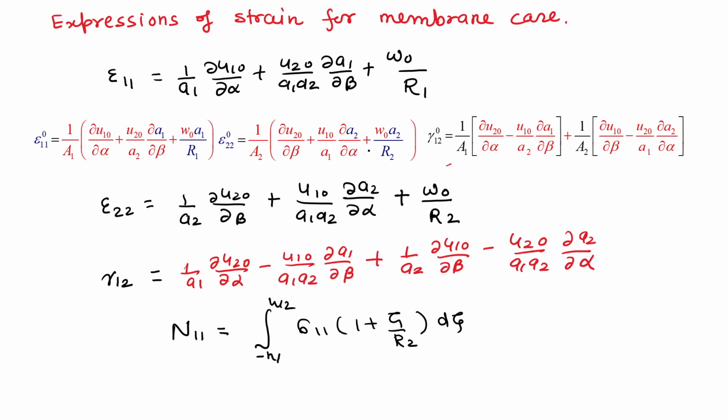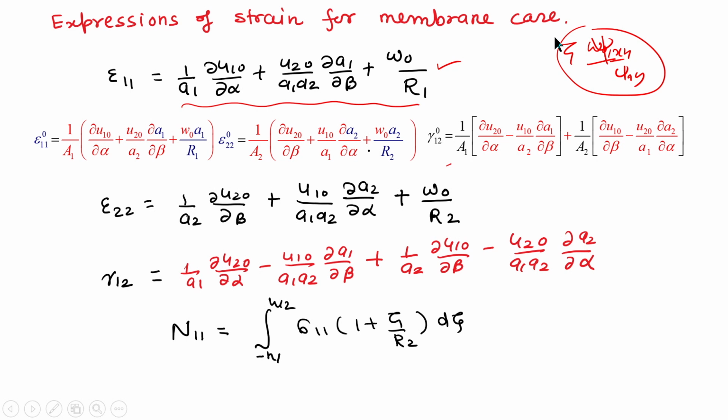Now, what is the expression of strains for the membrane case? For the membrane case, there is no curvature, no bending. No rotations are considered, so they are 0. Only the stretching part, the linear membrane part, is considered. The double derivative of zeta, or psi comma x or psi comma y, is not considered. Same way for epsilon 22 and gamma 12.